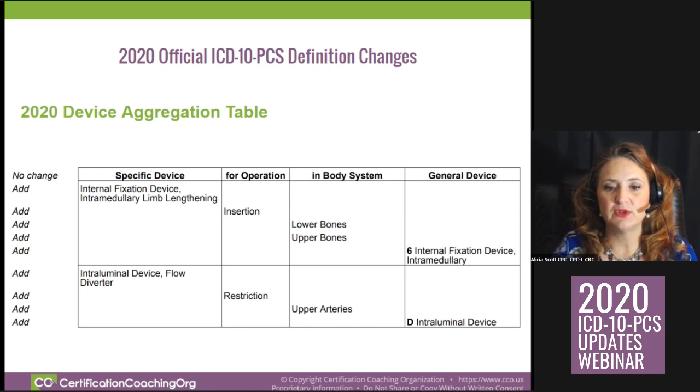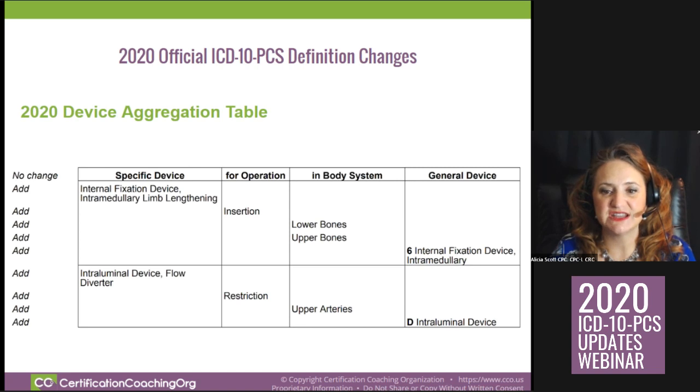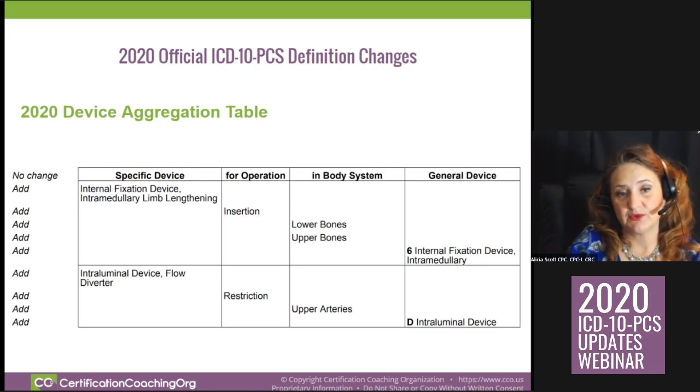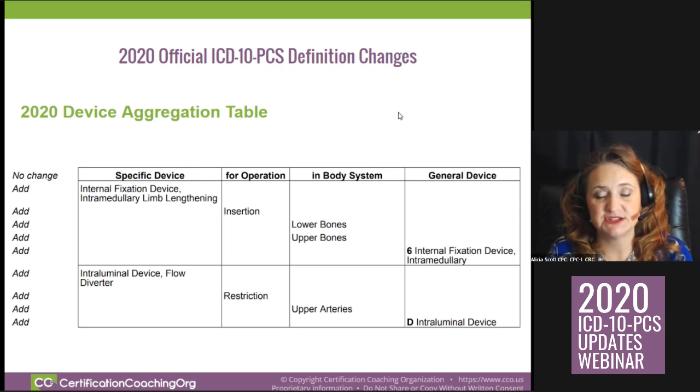They can do upper and lower bones, which we knew, and we are doing an internal fixation device, as well as restriction of upper arteries intraluminal device with a flow diverter, which, remember, refer back to the previous editions with the flow diverter, intraluminal device aggregation table. So again, a lot of times it wasn't applicable, so it was a Z. We didn't have information to put in there, so it was a placeholder.